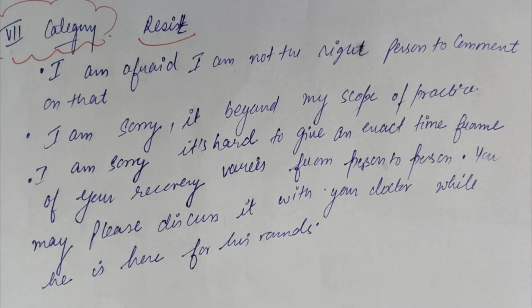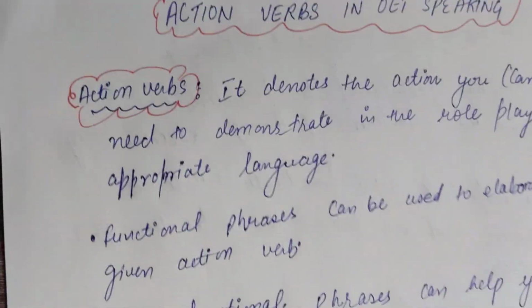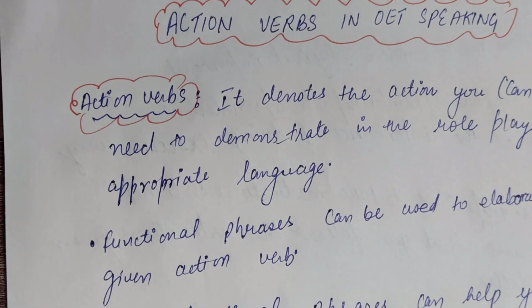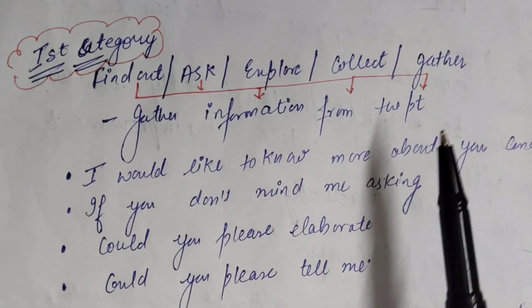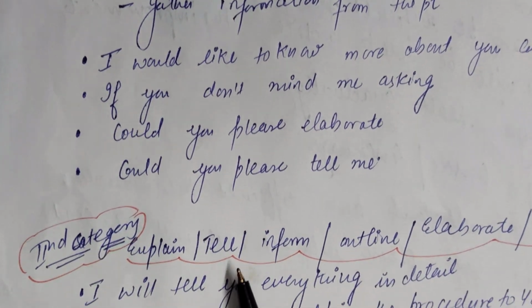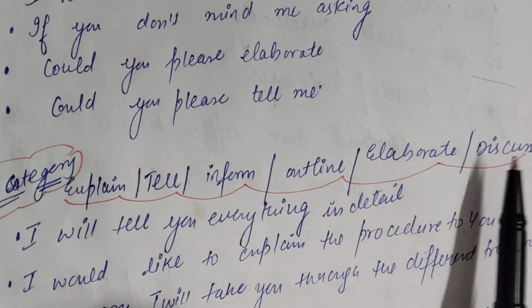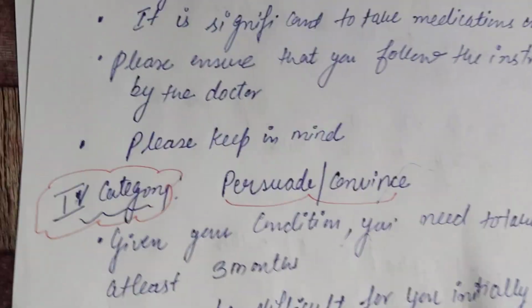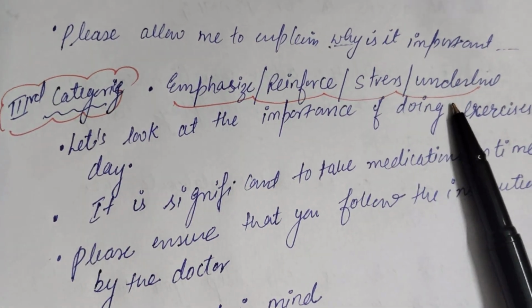Okay, so today we discussed action verbs. First is find out, ask, explore, collect, gather. Then explain, tell, inform, outline, elaborate, discuss. Next is emphasize, reinforce, stress, underline.